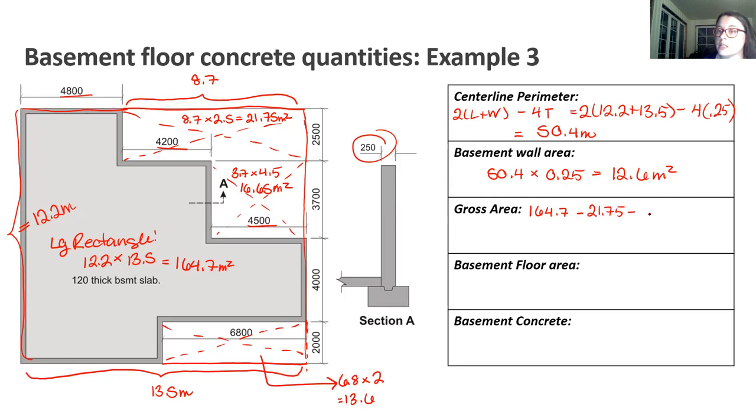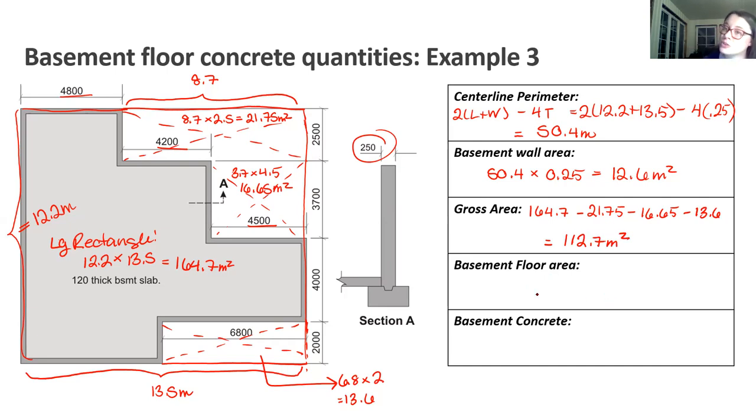We're going to subtract another area of 16.65. And then we're going to finally subtract the lower right corner. I think we'll put left and right, which is 13.6. When you subtract all of those, you'll find the floor area is 112.7 meters squared. So that's your gross floor area.